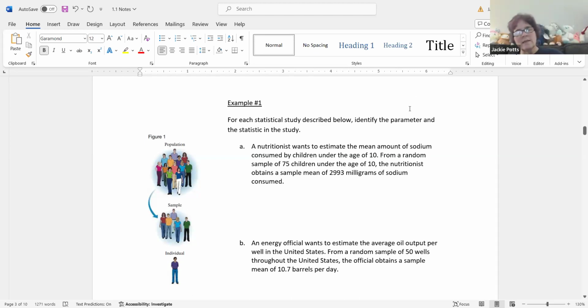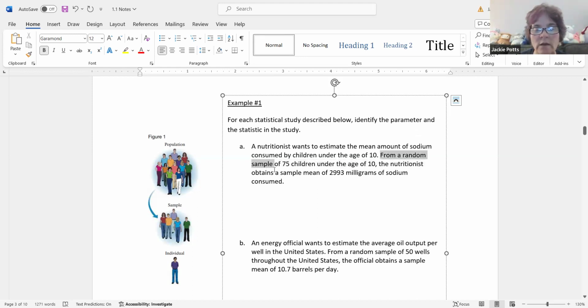So, a statistic and a parameter. A lot of times it's easier if you can find one versus the other. A nutritionist wants to estimate the mean amount of sodium consumed by children under the age of 10. From a random sample, they're telling us right there, sample 75 children under the age of 10.